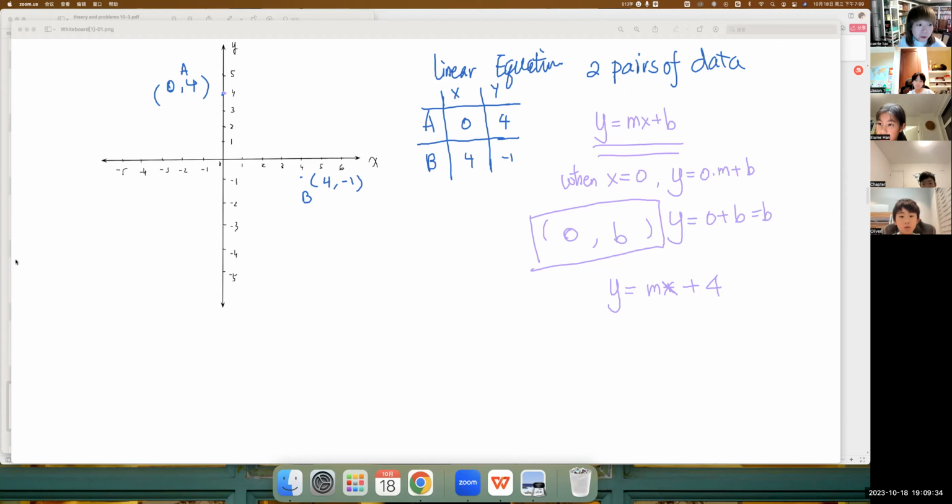Okay, so now the b has been solved. Some students said, but teacher, if nobody told me that there's a point located on the y-axis, but instead I get (1, 3), how do I find b?